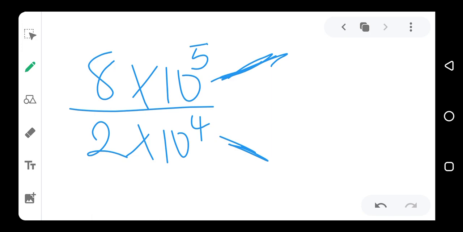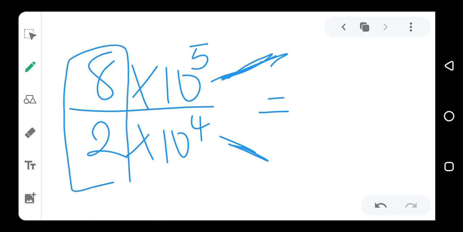Now this is equal to, we divide this one, that is 8 over 2, that will give us 4. We write 4 times, the bases are the same, and the power here is 5 and the power here is 4.